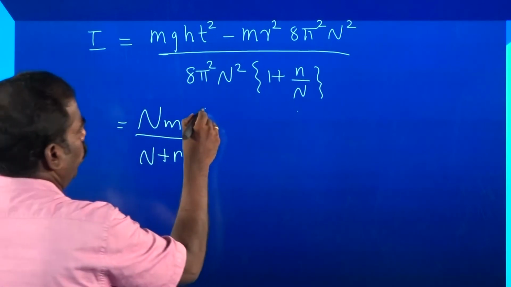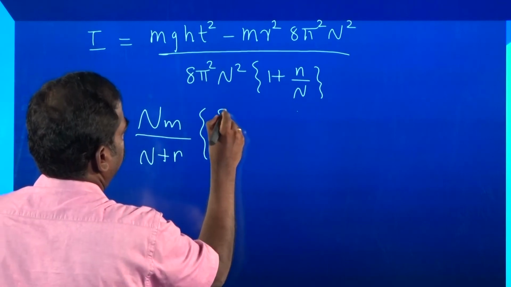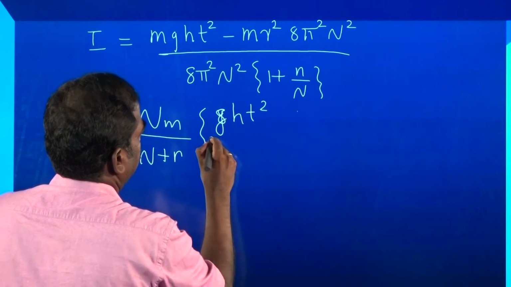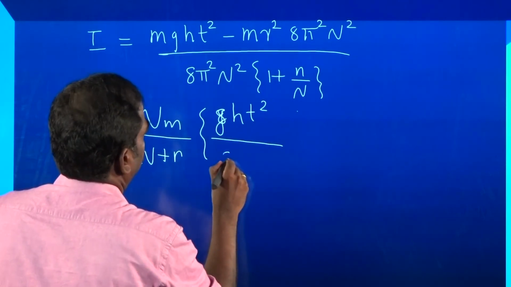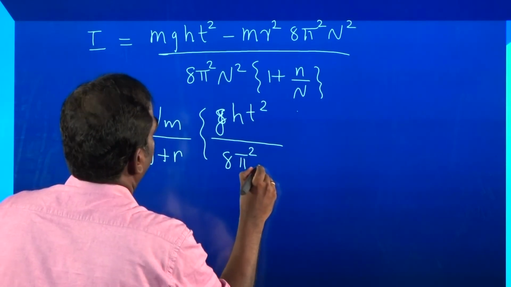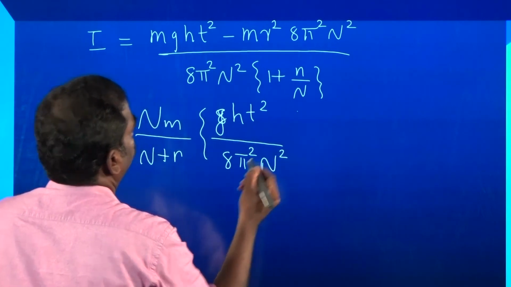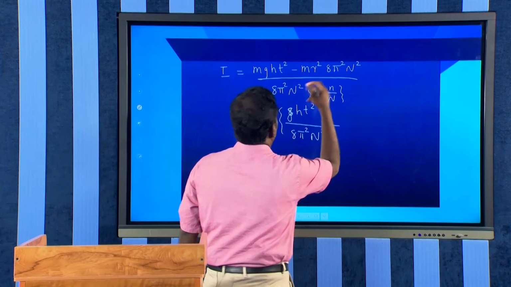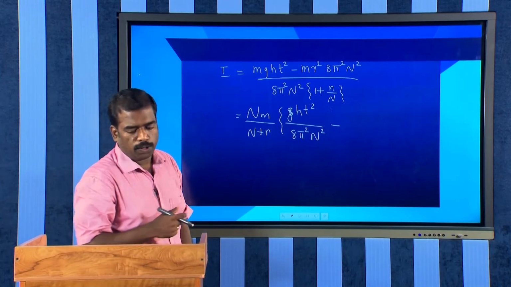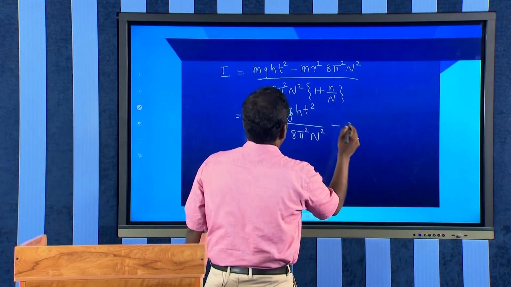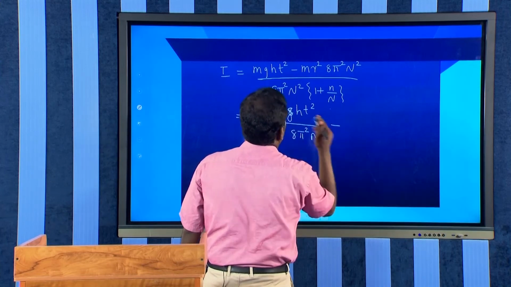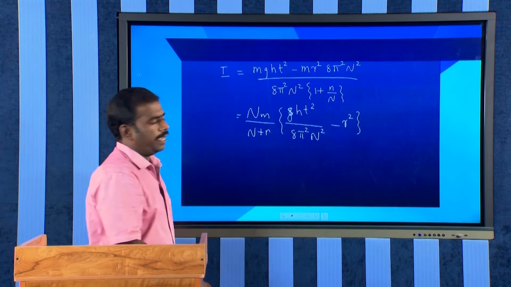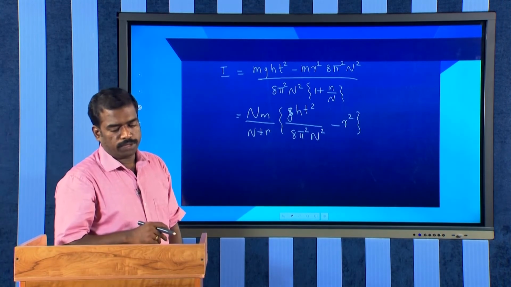So what's remaining? gh t square by 8 pi square N square, and m r square with 8 pi square N square cancels out. We take m as common, so only r square remains.